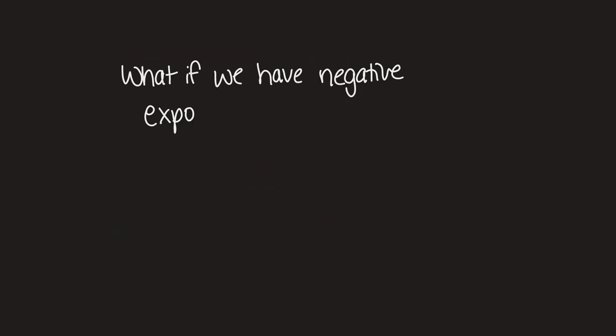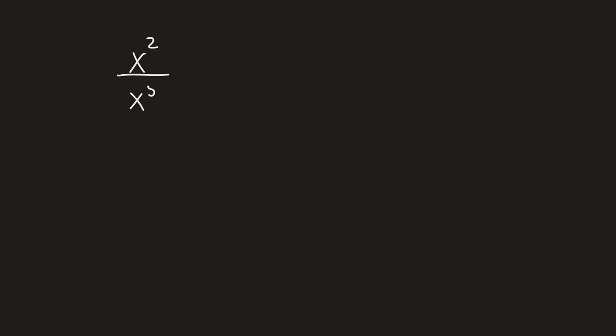And finally, what if we have negative exponents, like x to the -3? Let's give meaning to such an expression. So suppose we have a quotient x squared over x to the 5th. We can apply our quotient rule and subtract the exponents.